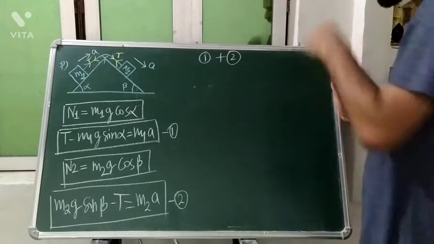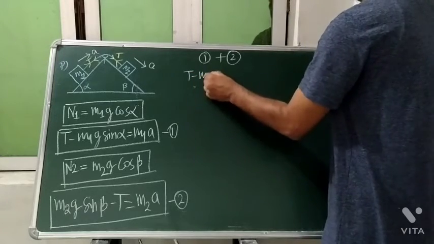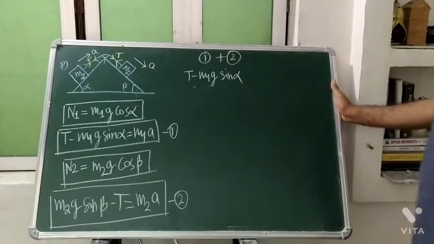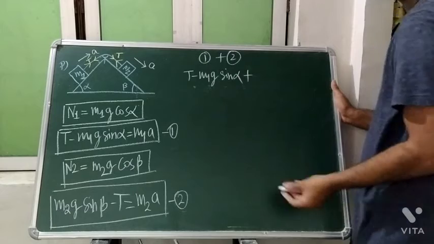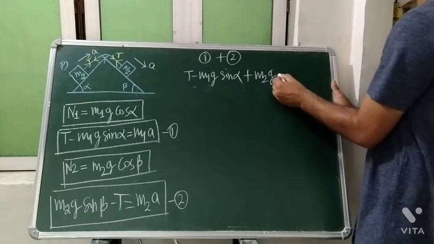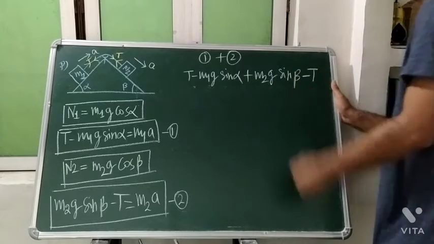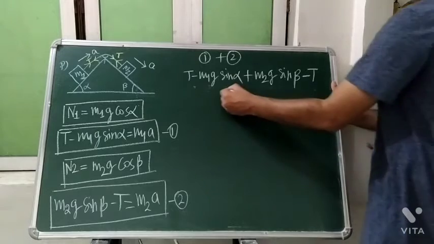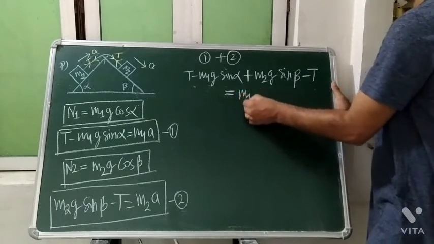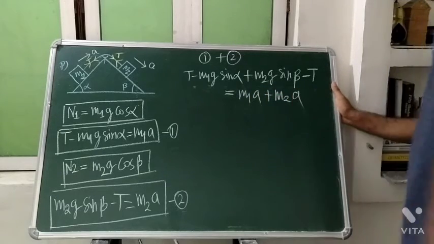On the left side, T minus M1G sin alpha plus M2G sin beta minus T should be equal to, on the right side, M1A plus M2A.